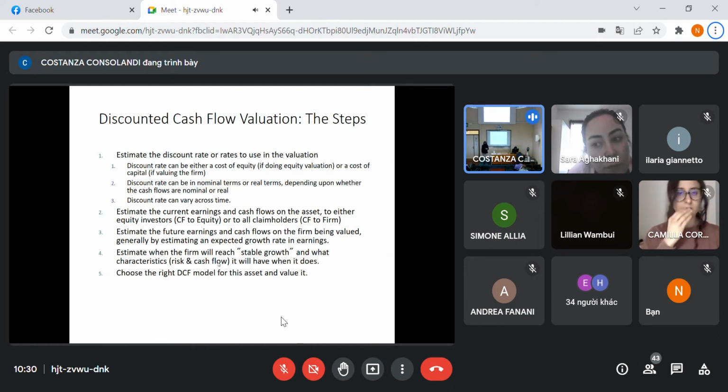The weighted average cost of capital, as we will see, is the average of the cost of equity and the cost of debt, weighted for the respective share of debt and equity over the total funds invested in the company. When we talk about debt, it is only the non-operating financial debt.